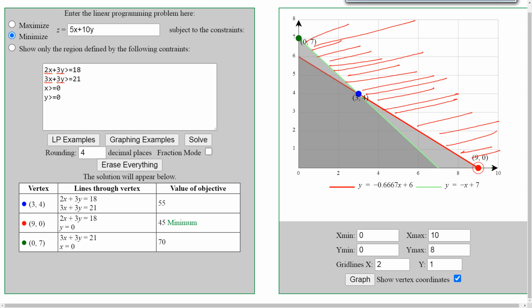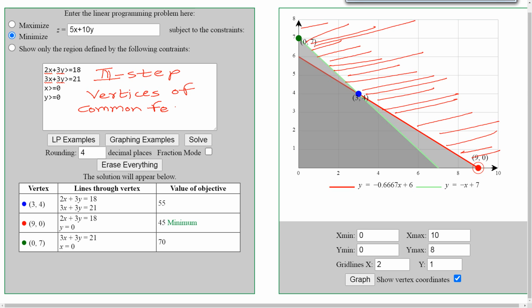Now the third step is to identify the vertices of the common feasible region.